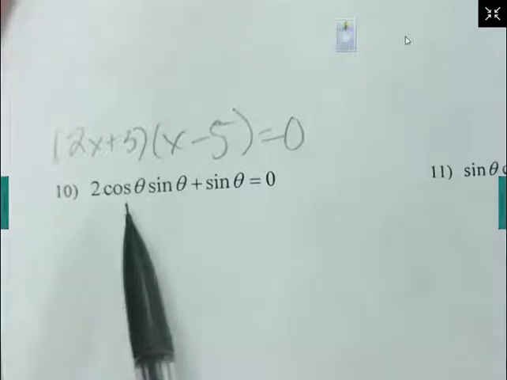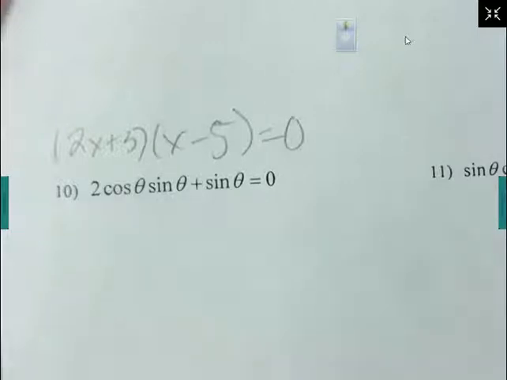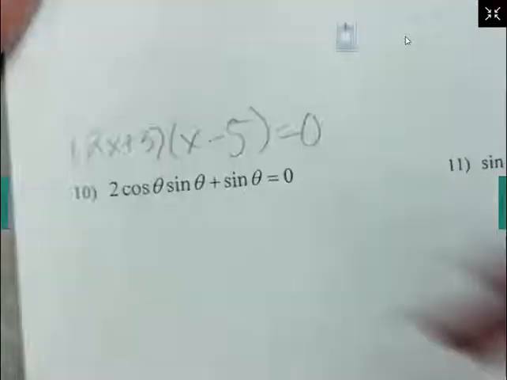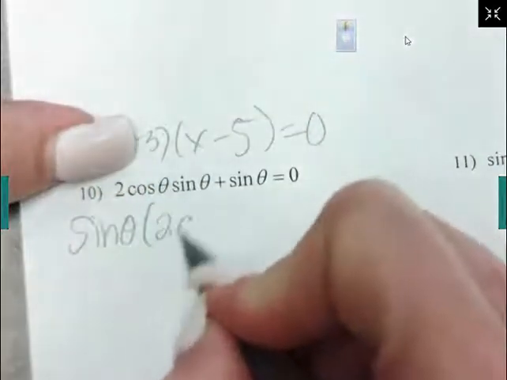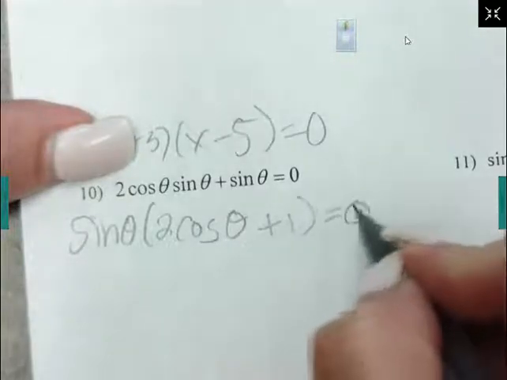So what's the GCF between 2 sine theta cosine theta, and sine theta? 1, and there's something else that is in both of those terms. Sine of theta, good. So we're going to factor out a sine of theta, and that leaves us with 2 cosine of theta plus 1 is equal to 0.